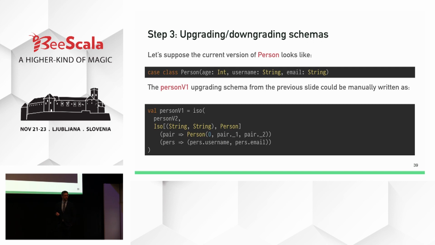It only had 2 fields of type string, so it's a pair of strings. And I need to produce a person out of that. It's very simple. If I get the pair of strings, I just inject the default value and build a person case class. And the other way around, I have a person, I must return a pair of strings. I just drop the field, and that's it.